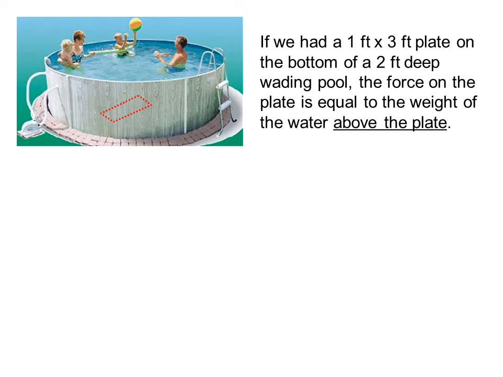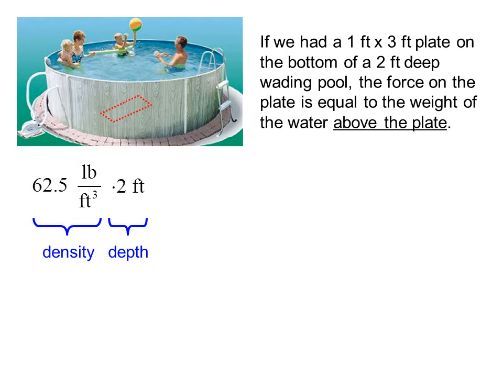If we had a 1 foot by 3 foot plate on the bottom of a 2 foot deep wading pool, the force on the plate is equal to the weight of the water above the plate. We have density, which is 62.5 pounds per cubic foot, times depth, which is 2 feet.